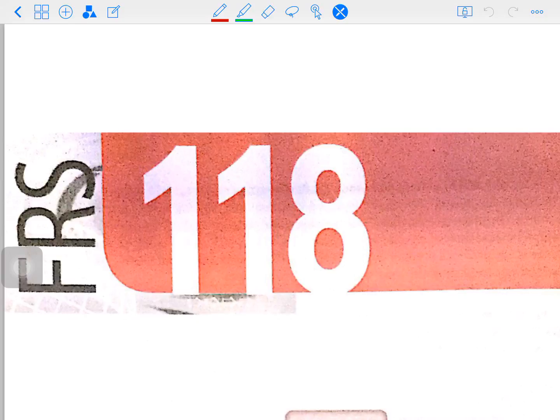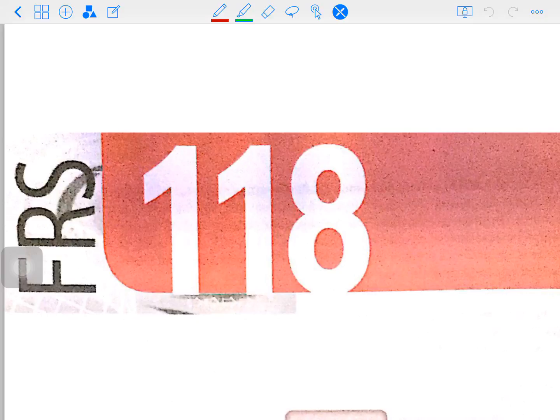Stage of completion at the reporting date, when outcome of the transaction can be estimated reliably. Okay, the outcome can be estimated reliably when the following conditions have been satisfied. The first one is the amount of revenue can be measured reliably, probable that economic benefit will flow to the entity, stage of completion can be measured reliably, cost incurred and cost to complete the transaction can be measured reliably.